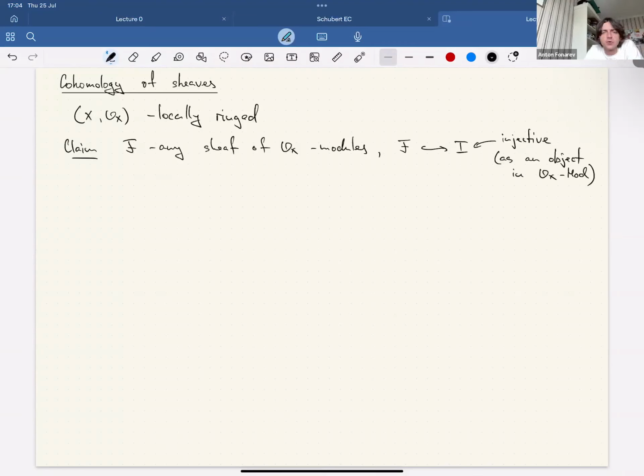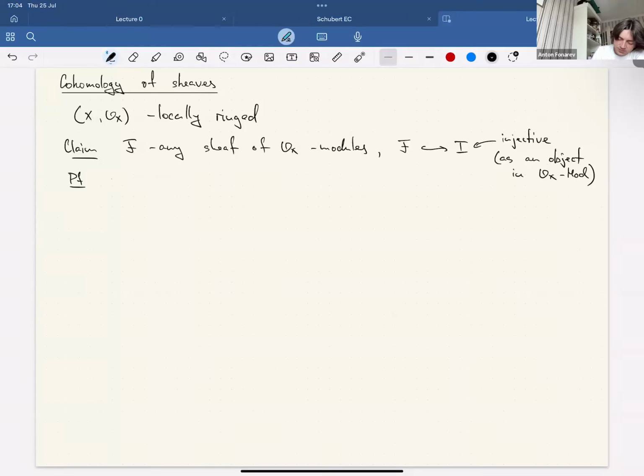There is nothing. The only thing I ask is that over any open subset, F of U is a module over O_X of U. So no conditions. And the sketch of the proof is very simple actually, but this is an important construction that everyone should probably understand.